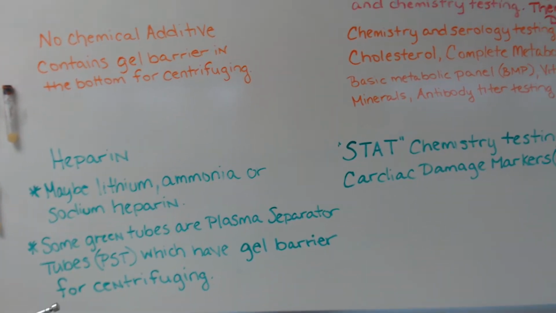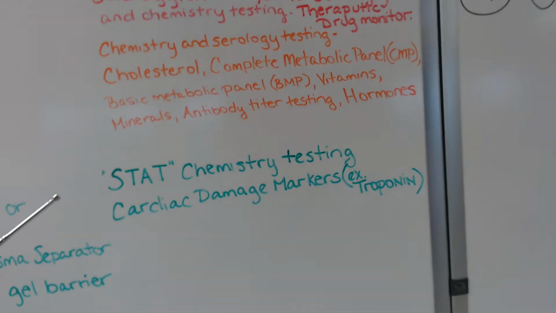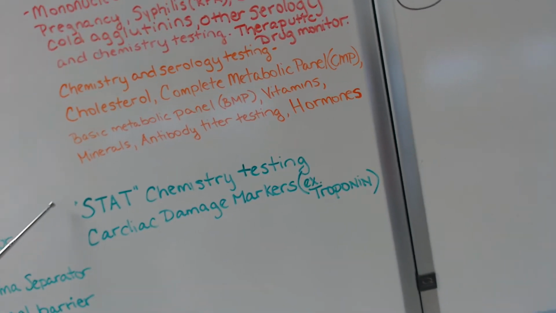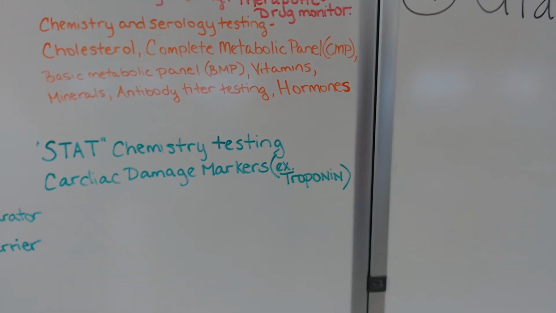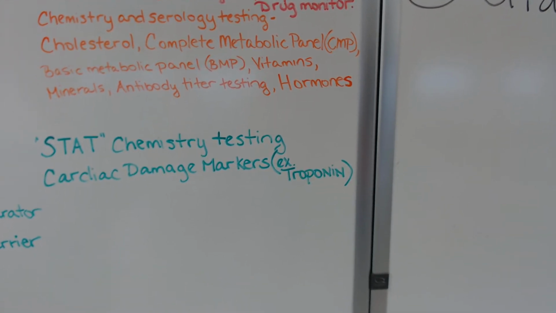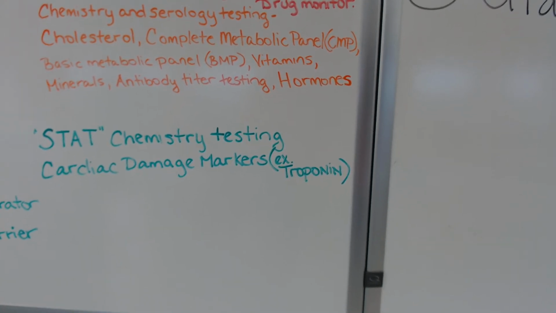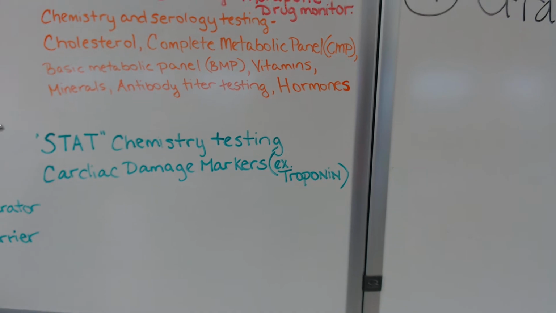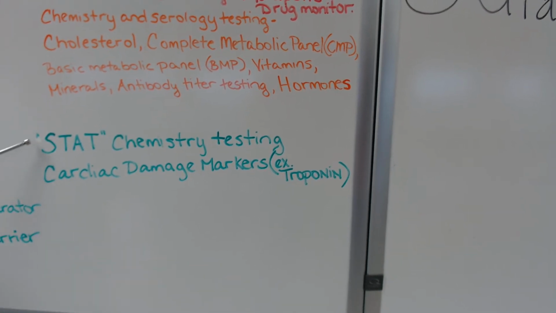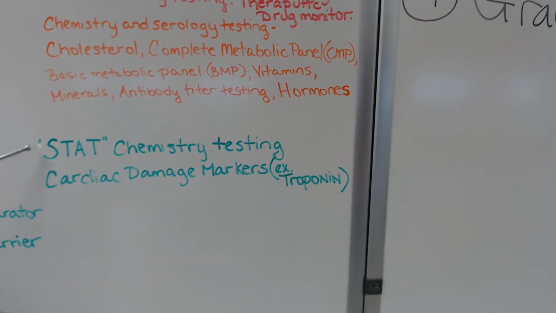For that, the main thing you want to remember is that we usually are going to see stat chemistry testing going into that tube. So in an ER setting or in a facility where they're able to do stat tests, meaning that they need to be done immediately, those tests would go into this tube.